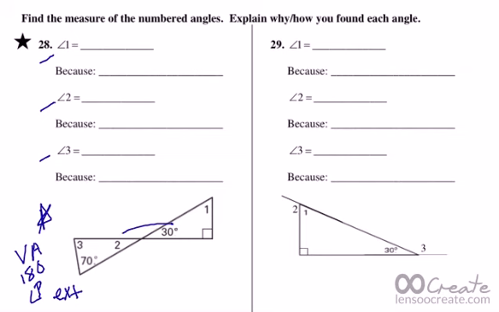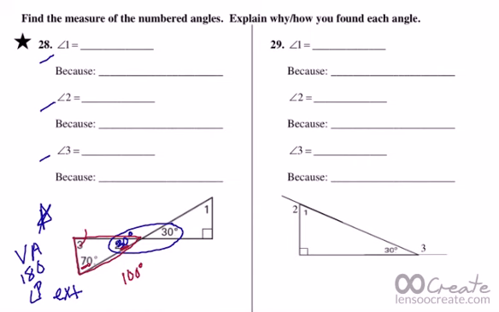The first thing I notice right here is that we have two vertical angles, so we know angle 2 has to equal 30 degrees. The other thing that I notice is that I have a triangle right here where I know two of the angles, 70 and 30. That adds up to 100 degrees.